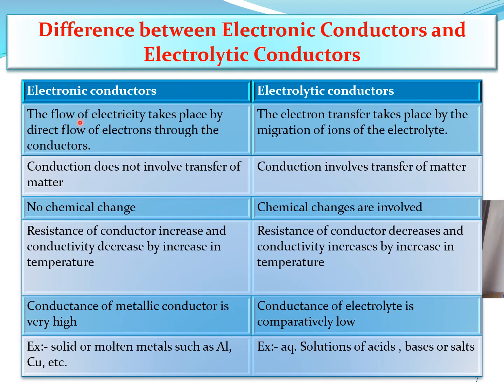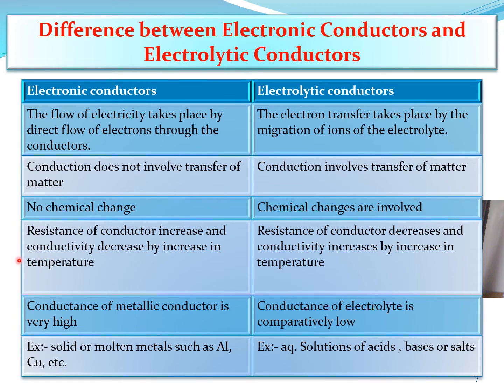In electronic conductors, the conduction does not involve transfer of matter. It is only flow of electrons. While electrolytic conduction involves the transfer of matter. So in electronic conductors there is no chemical change, while in electrolytic conductors a chemical change happens.